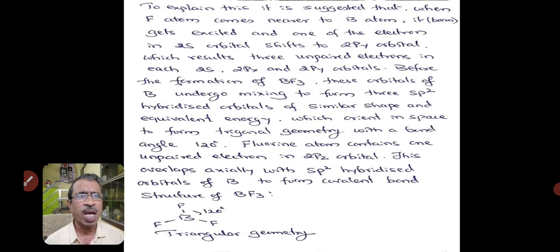This overlaps axially with the sp2 hybridized orbitals of boron to form a covalent bond. The structure of boron trifluoride is shown, whose bond angle is 120 degrees and the geometry is trigonal planar.